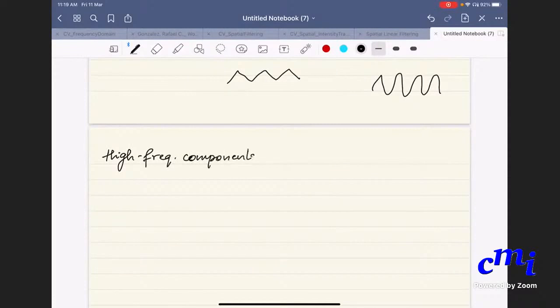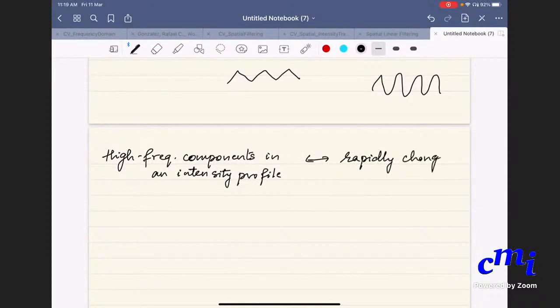It turns out that high frequency components in an intensity profile correspond to rapidly changing data. What does this mean? Suppose you have an image and you have scanned it using a line, and at a certain position of the scan line your intensity profile looks like this.